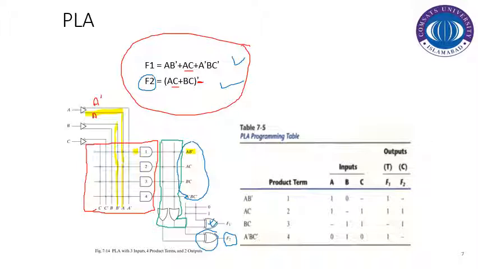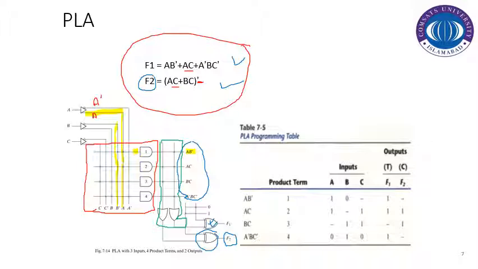Basically that is a table that tells us about the terms that are present in the function, and also what are the interconnections that are required here in order to produce those terms. So we've got four product terms that are A B prime, A C, B into C, and A prime B into C prime. And we've got the input variables.